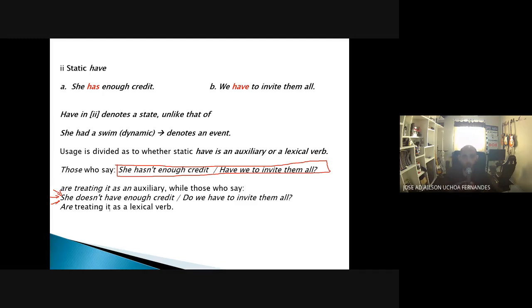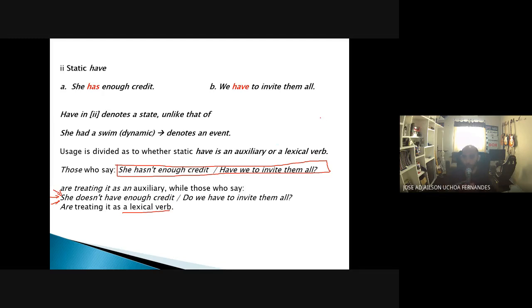Those who say she does not have enough credit or do we have to invite them all are treating have as a lexical verb. From what you learn, lexical verbs are always main verbs. And auxiliary verbs are inverted with the subject and receive a not after them in negative clauses. Is this clear now, the case of have, of the static have, and how to treat it?